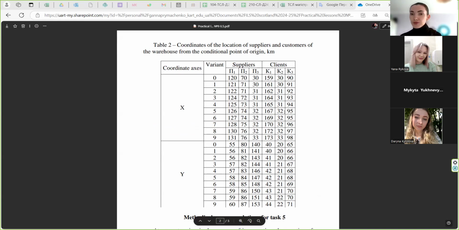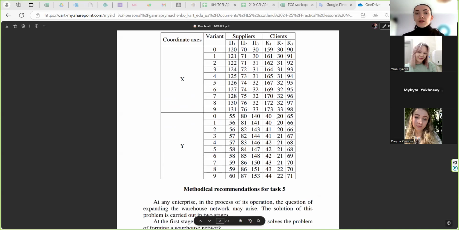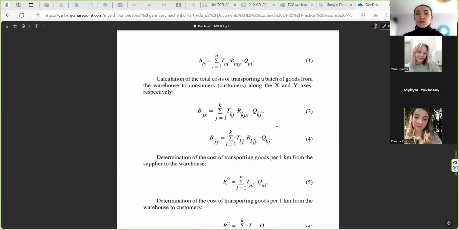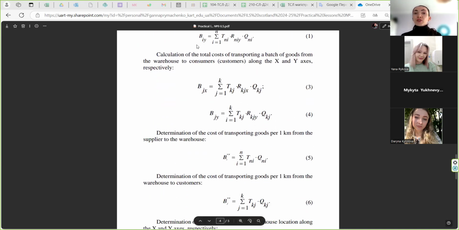Okay, good. Very nice. I think you calculated it and can do it. And we go to our next formula, formula number 3. I show you now. We need to calculate also total costs, but of transportation of goods from our warehouse to our customers, our clients.